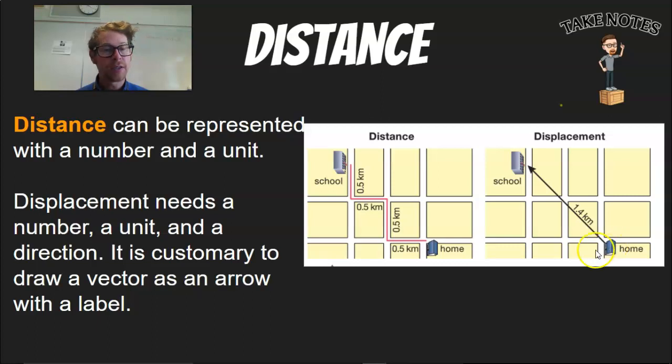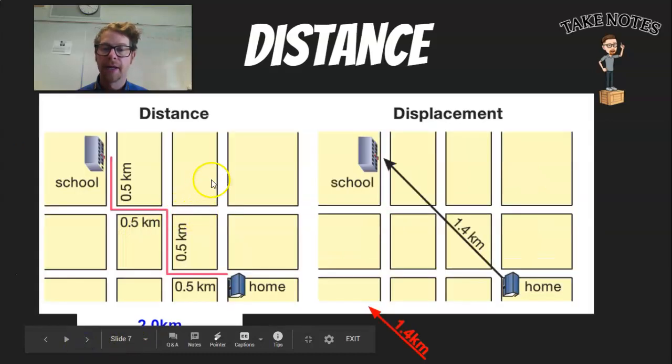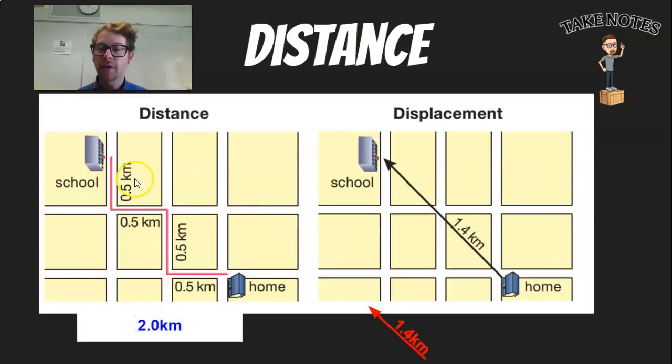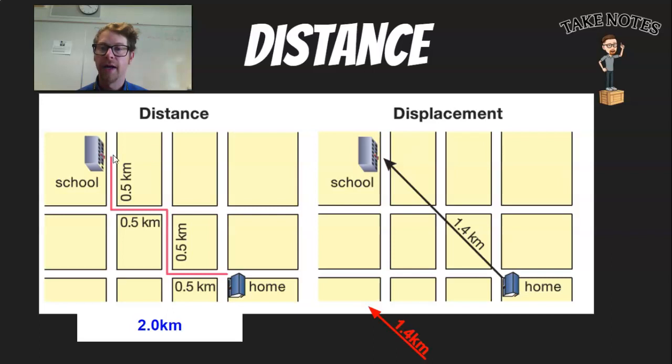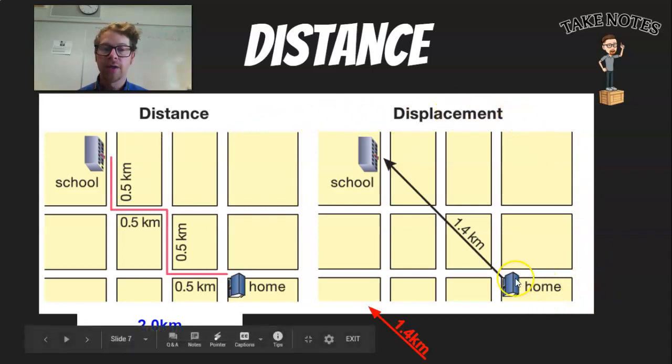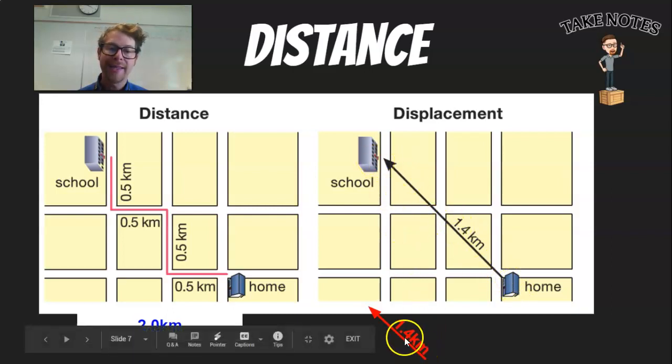But that is not your displacement, because that is not the total amount that you are moved from your house, from where you started. So this is what it would look like if we were writing it out. You walked a total of 2 kilometers. But your displacement, how far you were moved away from your home, is actually only 1.4 kilometers, and it's in this direction.